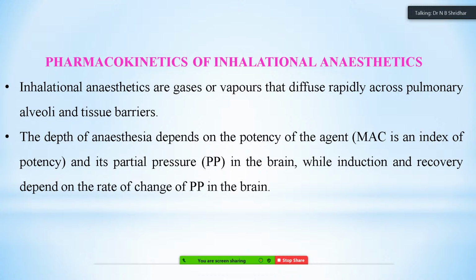The MAC is the concentration of an inhalant anesthetic in the alveoli which causes painlessness or analgesia in 50% of the patients administered. Its partial pressure indicates how much of the anesthetic has entered the brain, while induction and recovery depend upon the rate of change in partial pressure in the brain.